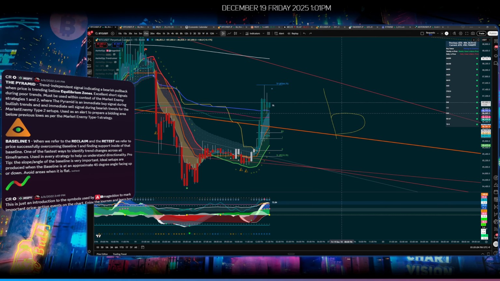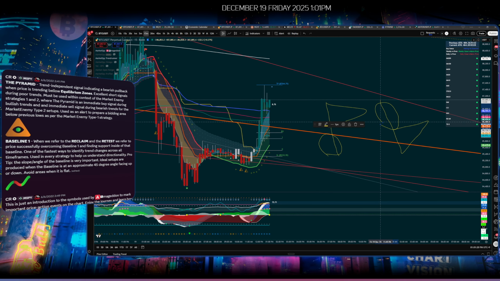Or rather, I'm going to do a flag, and I'm going to do an inverted flag. So what this is, we have trending areas. These are legs, aggressive sells, and then we have consolidations.